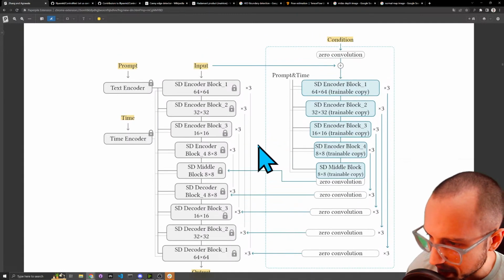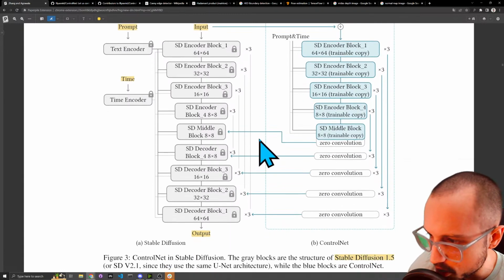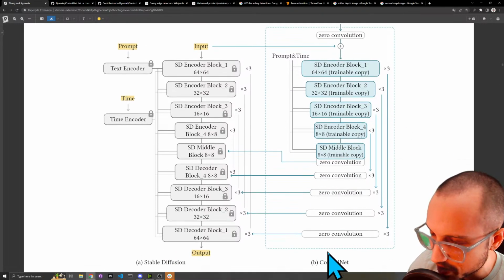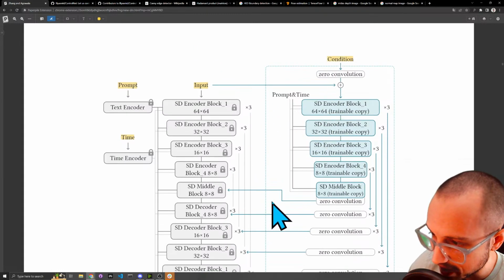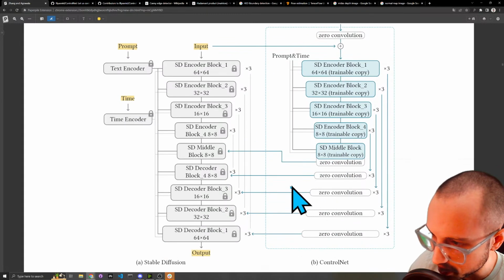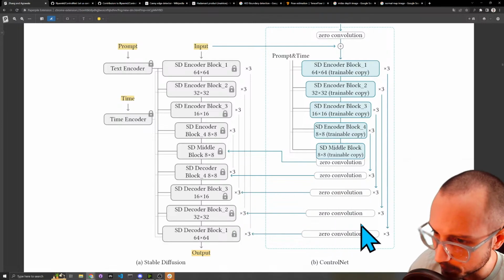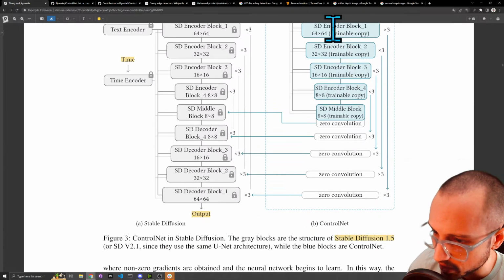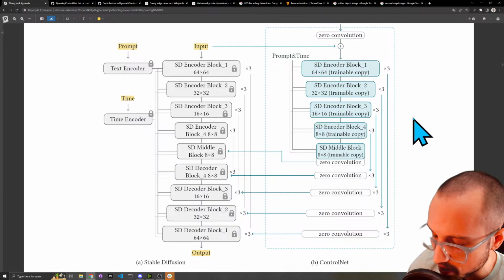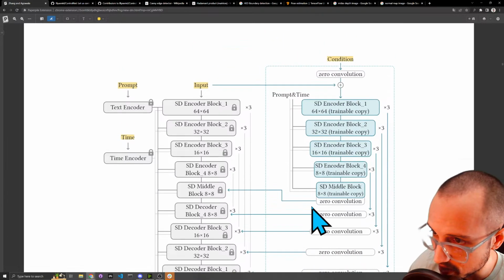And then you're making this kind of parasite shadow model that has a very similar architecture to the original diffusion model, and has all these connections to each individual layer. And this ControlNet is initialized as 0, right? So this is not randomly initialized. All the weights here start as 0s.